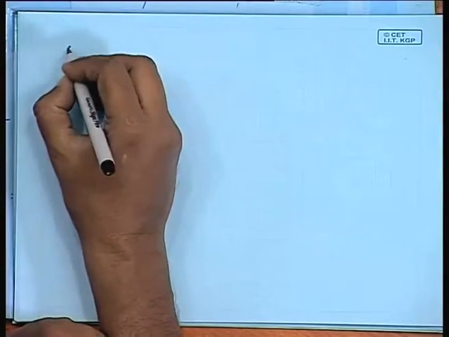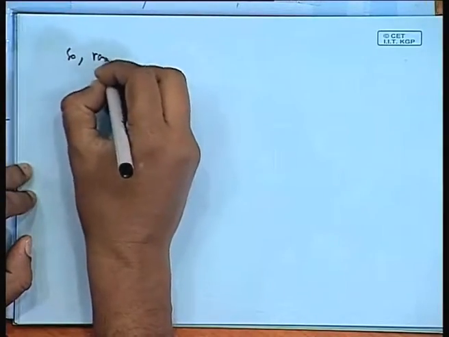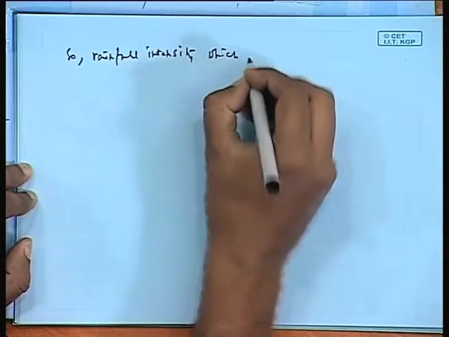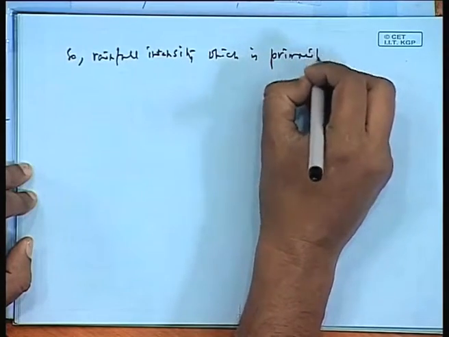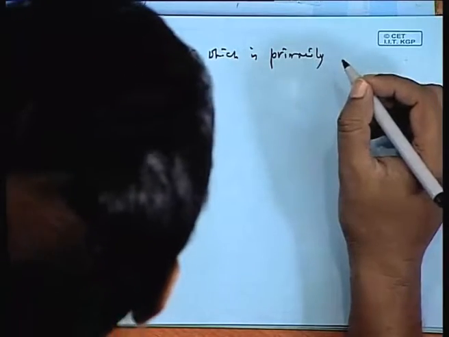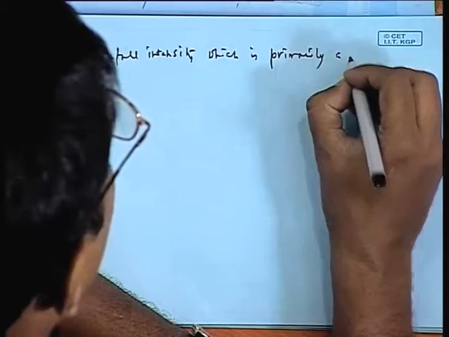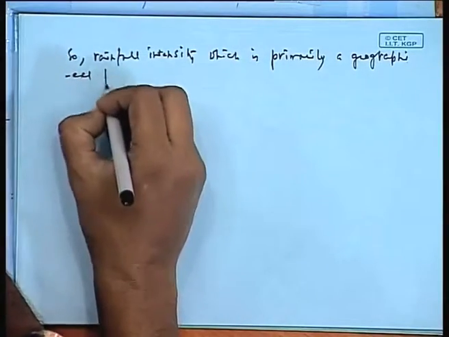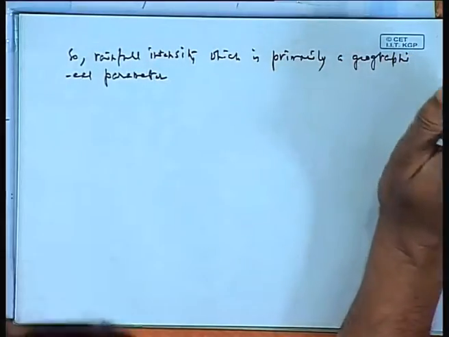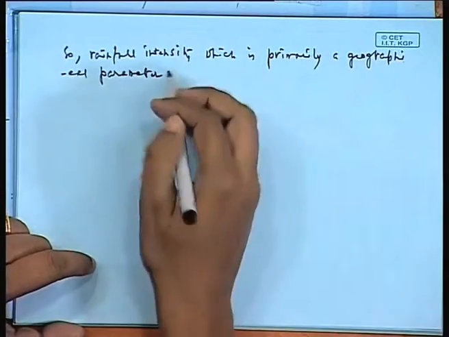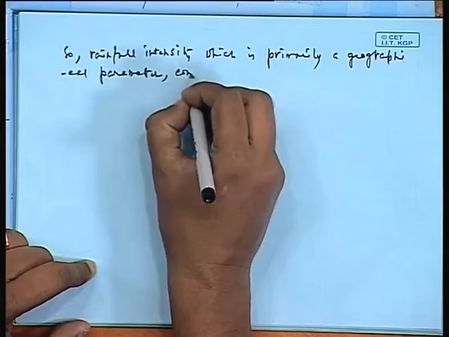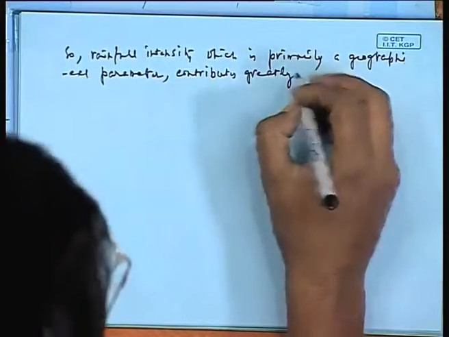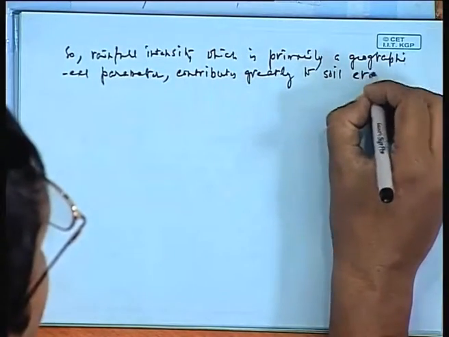So rainfall intensity, which is primarily a geographical parameter, contributes greatly to soil erosion.